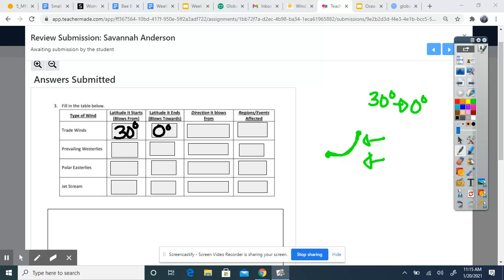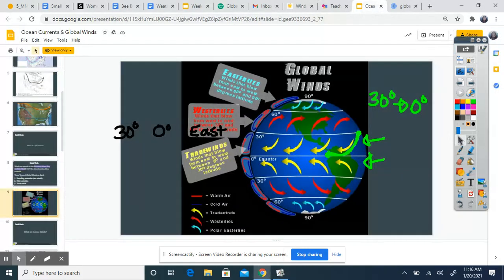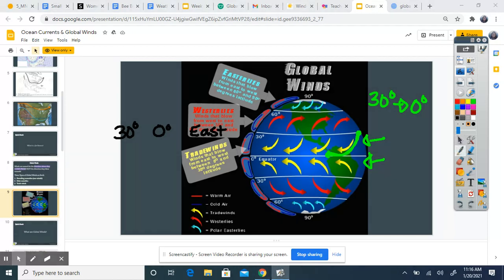So a trade wind is also called an easterly. So this means that it is blowing from the east. So we also need to look at the regions impacted. So I'll go back to my chart. We have, let me get my little pen.